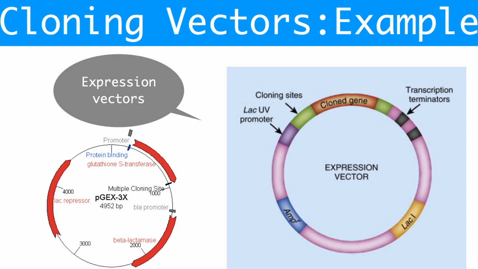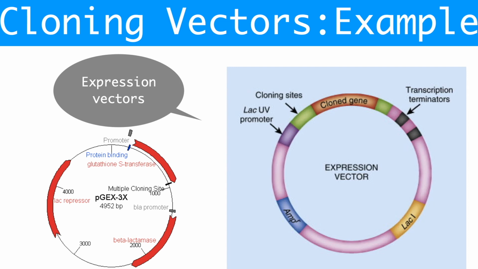The expression vectors are also known as expression constructs, which are usually either a bacterial plasmid or a virus, designed for gene expression in cells, either bacterial cells or viral cells. This expression vector is used to introduce a specific gene into a target cell so that we can clone our gene of interest. In molecular biotechnology, the expression vectors are the basic tool for the production of protein.